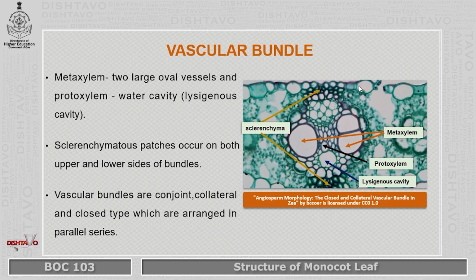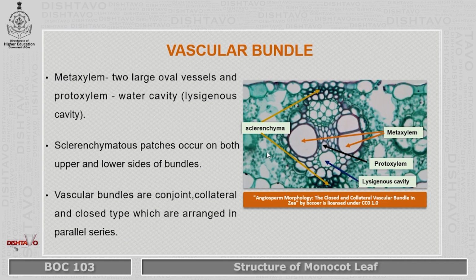Surrounding the vascular bundle, there is a layer of sclerenchyma. This sclerenchyma helps the plant to maintain its rigidity. This also provides rigidity to the inner tissues. Vascular bundles in a monocot leaf are conjoint, collateral and closed type.